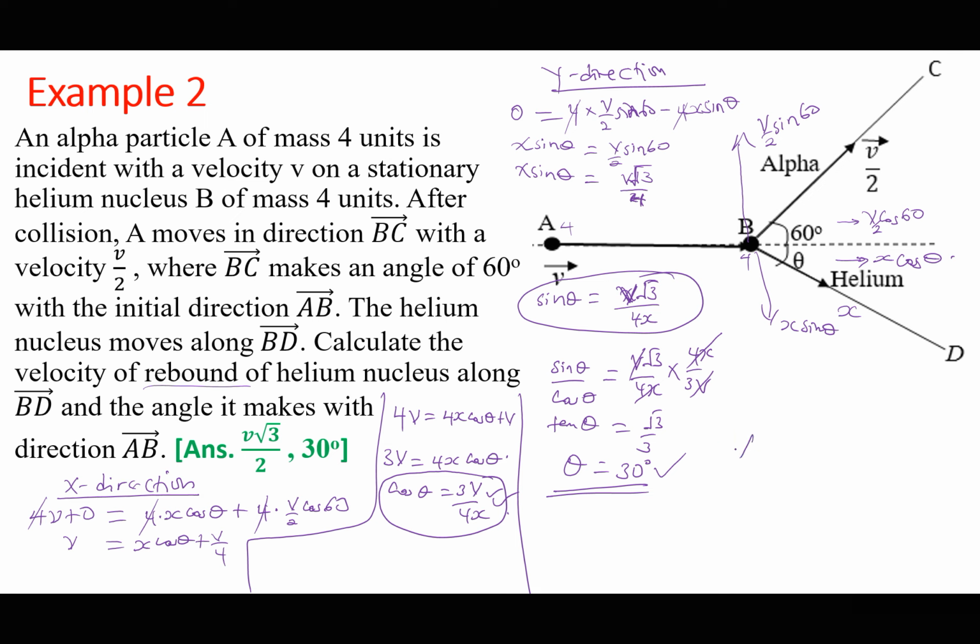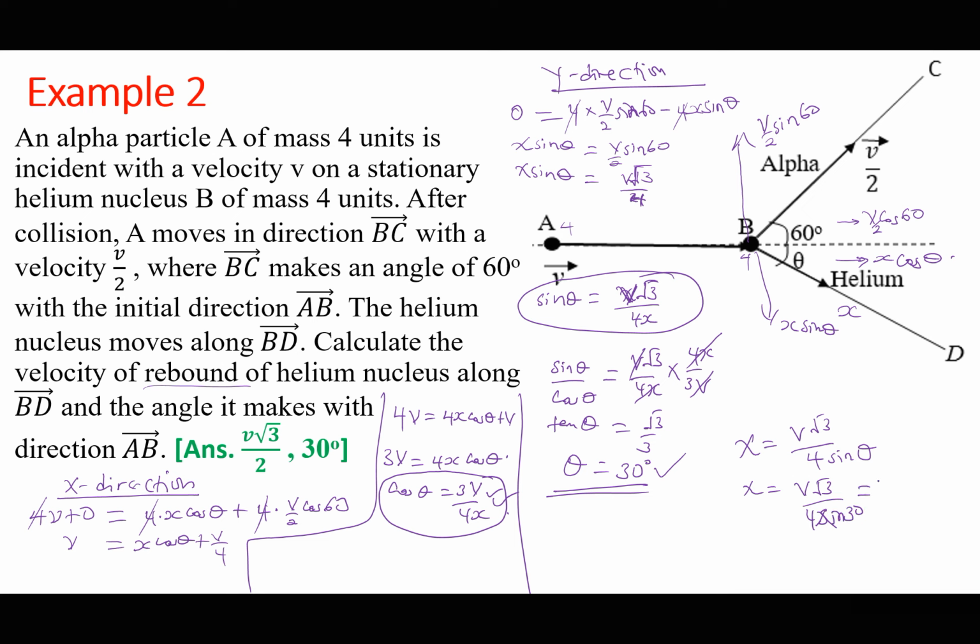So x is going to be equal to v root 3 divided by 4 sine of theta. So x is going to be v root 3 divided by 4 times sine of 30. And sine of 30 is a half.